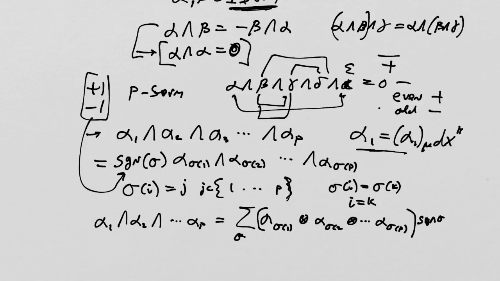And that is the fancy way of defining these strung together wedge products. You're doing it over every possible permutation, creating this tensor product, and multiplying it by the sign of that permutation.